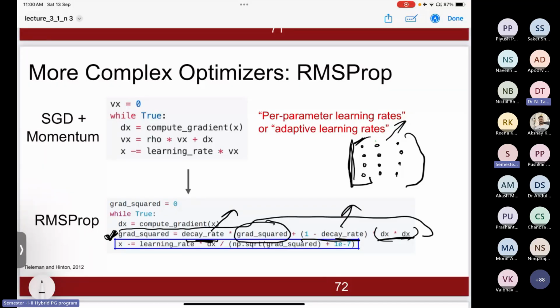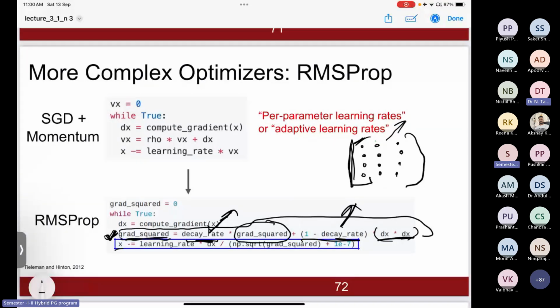In the previous case, we were giving one weight to the current, but here we are dividing the weights from 1. So we assume that we have total weight 1. We are giving some weight to this and 1 minus that weight to this. Okay. And now this is giving you the gradient squared.